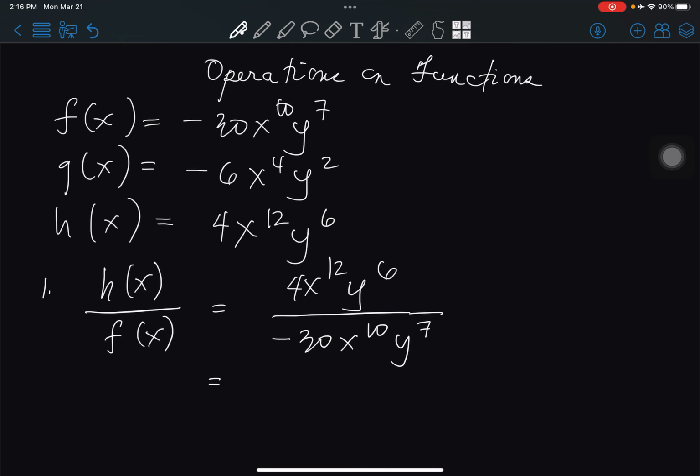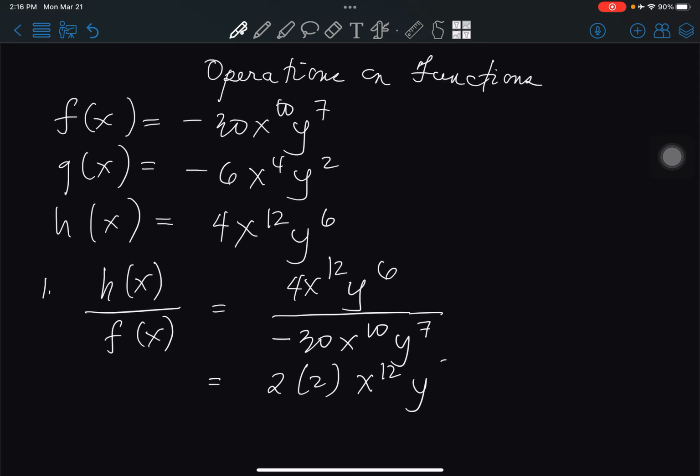So simplifying this, we have now, okay, we can factor out your 4. So we have factors of 4. So we have 2 times 2. Then we have your x raised to the power of 12. Just copy.